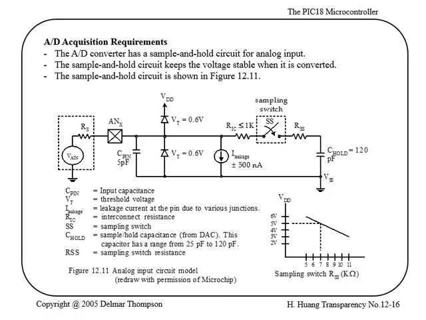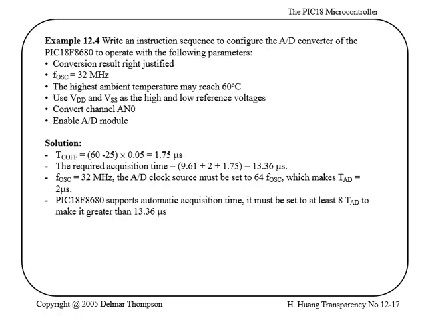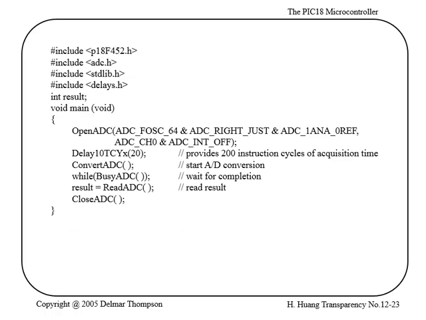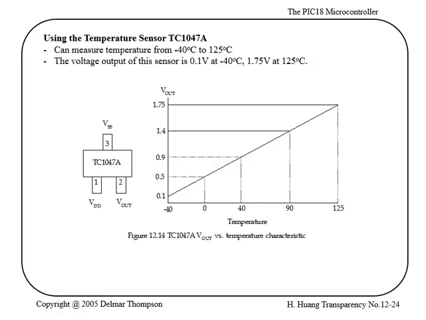All right, let me skip here. Let me stop here because these are going to be PIC 18 specific, and essentially it's going to give you a procedure for doing it, and we won't need it. Later on, I'm going to use this temperature sensor example in class so that we can write a C program to do the conversions here.